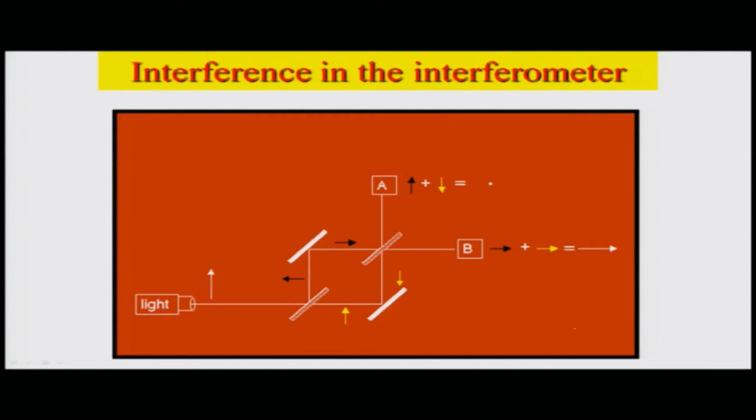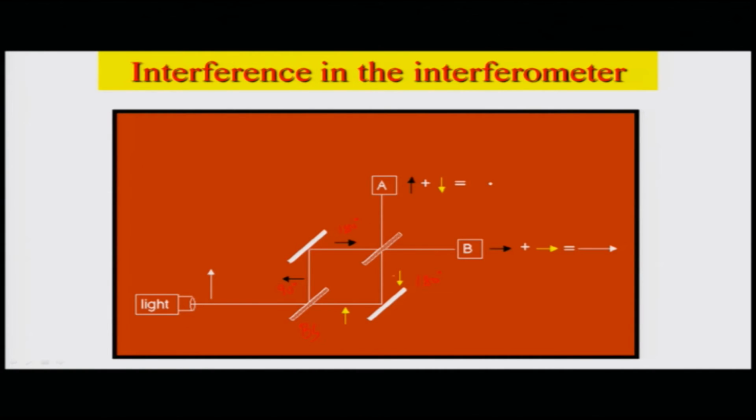So, in the interferometer, what we see is a scenario where the light comes through and can undergo two different splits. When it is reflected through the beam splitter, it is a 90-degree flip as we mentioned, and when it goes through, it remains as it is. When it goes through the mirror, it undergoes a 180-degree flip, whereas here it is 90-degree. And again when it comes to a mirror, it goes through a 180-degree flip.